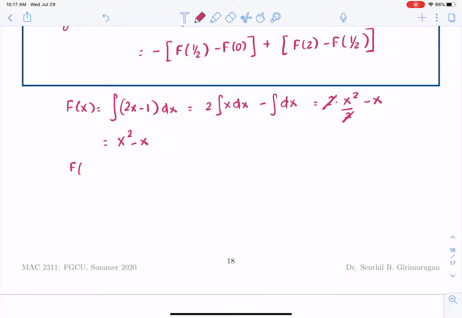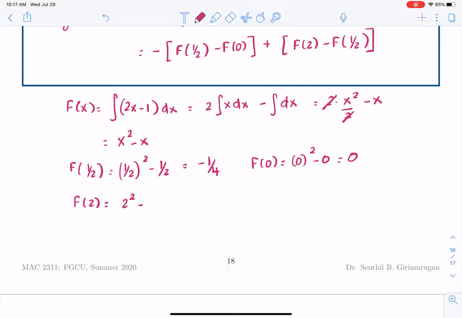So F of 1/2 would be 1/2 squared minus 1/2, which is negative 1 over 4. F of 0 is 0 squared minus 0, you get 0. F of 2 is 2 squared minus 2, which is 2.